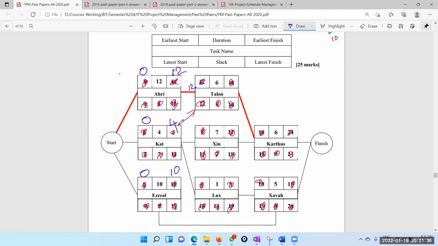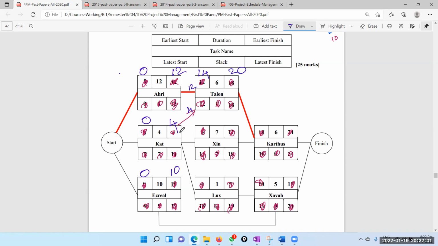If you go by this path, because it depends on both, we have to take the biggest. This one ends at 12, this one ends at 4. So therefore we have to wait until both are done. So therefore it is 12. Then 12 plus 6 is 18.